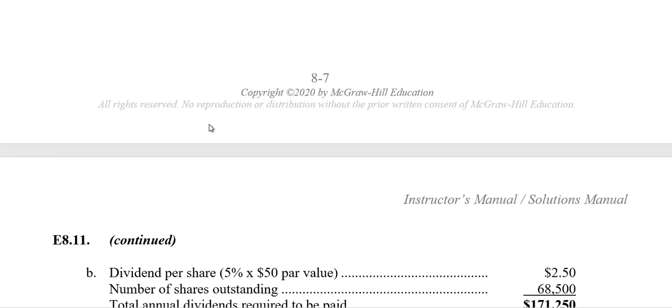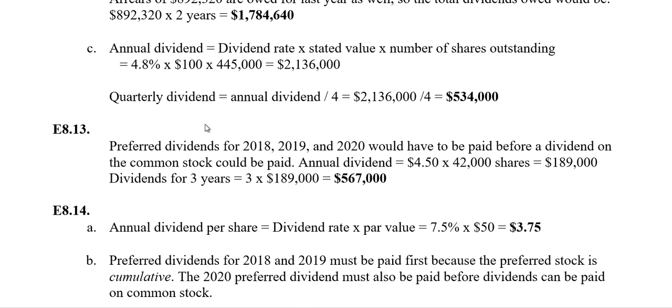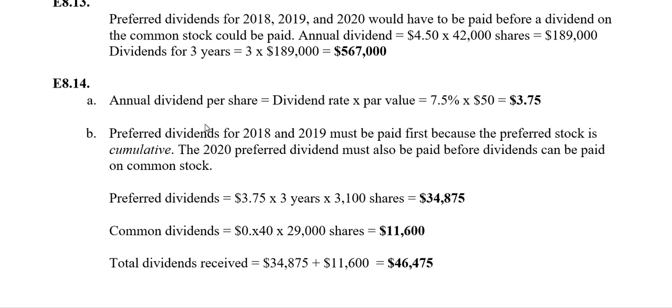But 814, guys, gets to preferred stock. So we need to take a close look at this. 814 now. Okay. We have to calculate some dividend amounts associated with preferred stock. Dietrich Inc. did not pay dividends for a couple of years, even though they had outstanding shares of 600,000.